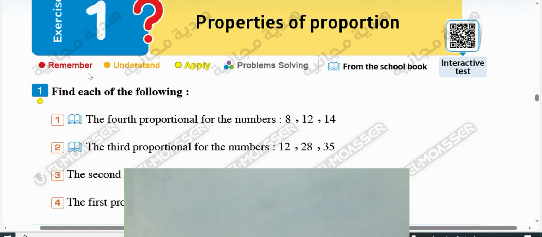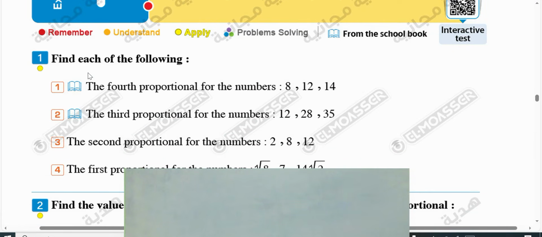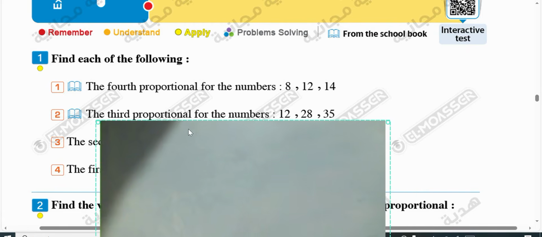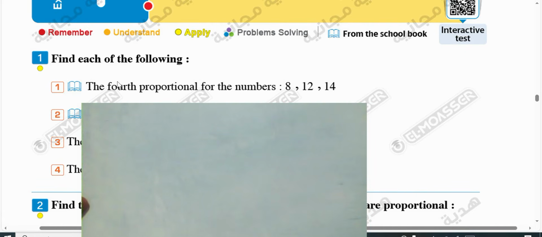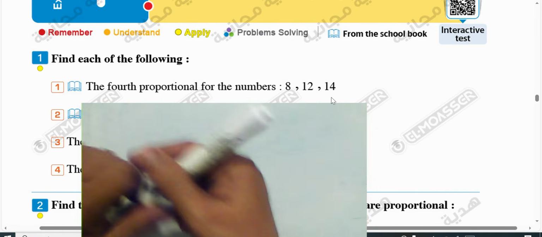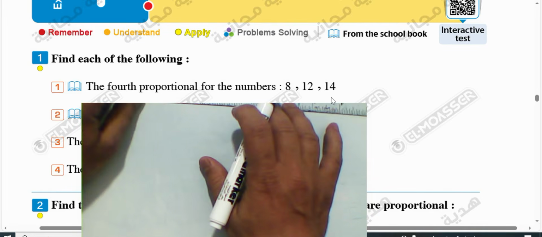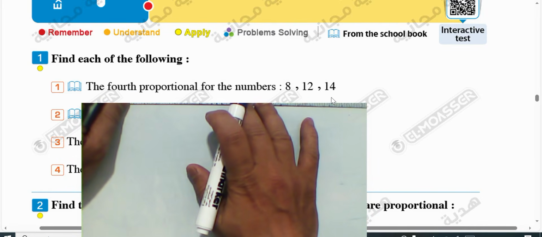First, number 1. First proportional for the numbers 8, 12, 14 is. Write with me the ratio.